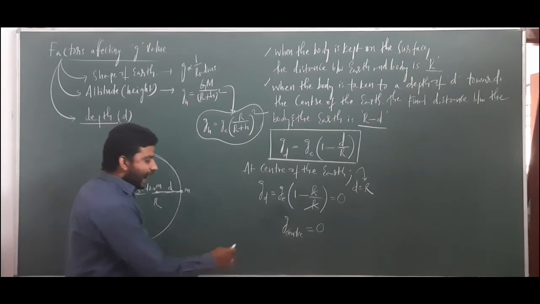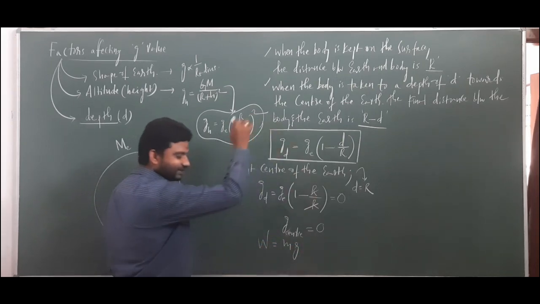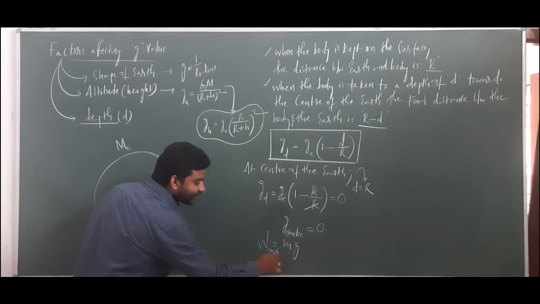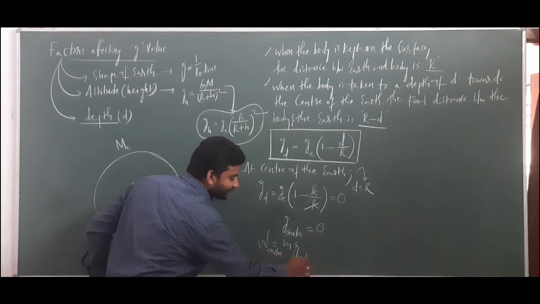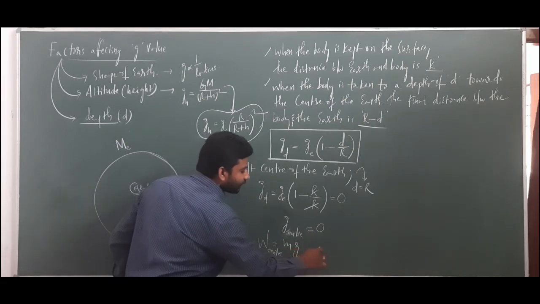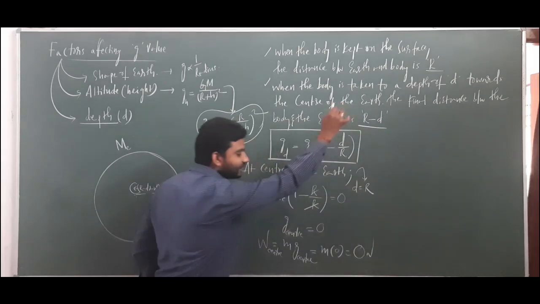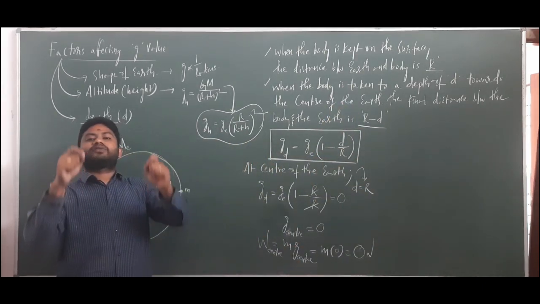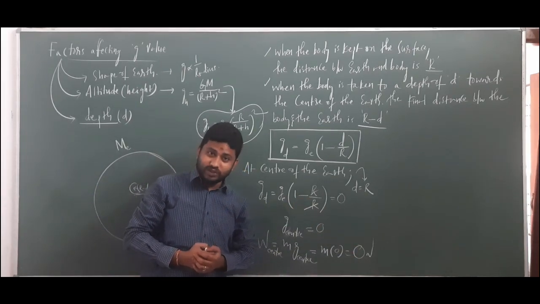Because weight is equal to mass into acceleration due to gravity, weight at the center of the earth is equal to mass into acceleration due to gravity at the center of the earth, which is equal to m into 0, and the answer is 0 newtons. Weight of an object at the center of the earth is how much here? It is 0 newtons. That is a very important question.